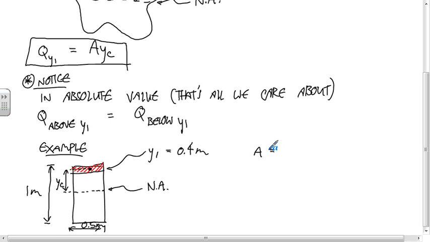The area of the shaded region is 0.1 times 0.5, so 0.05, because we know that the whole distance is 0.5. And then what's our yc? It's 0.4 to get to the bottom of this region, 0.5 to get to the top. So yc is 0.45.